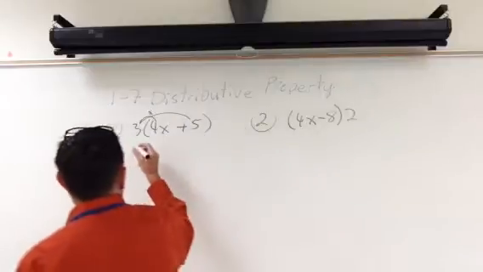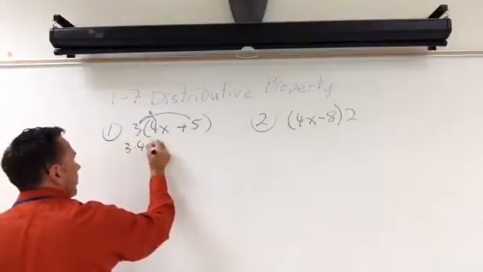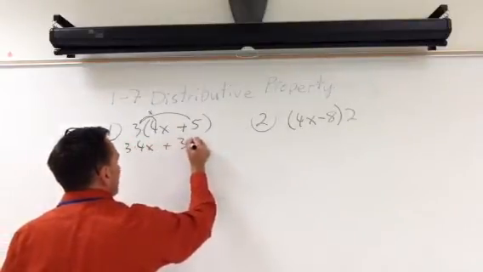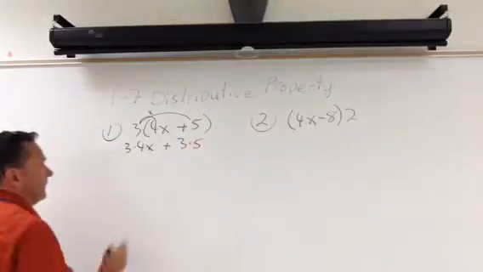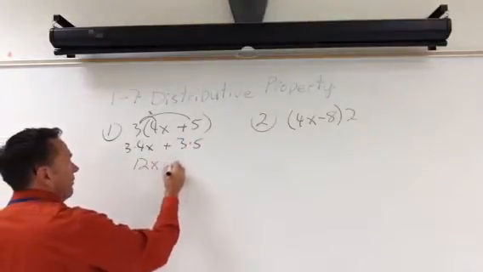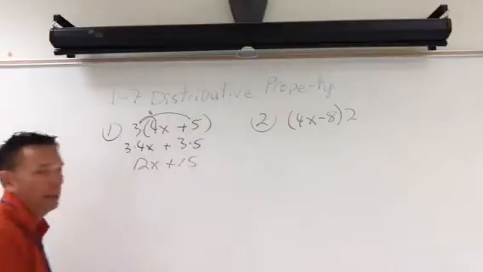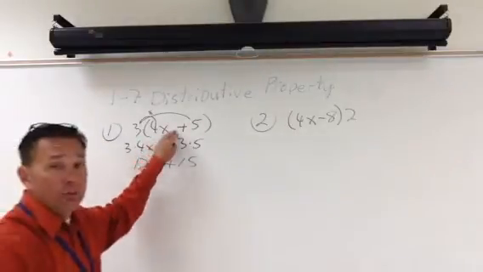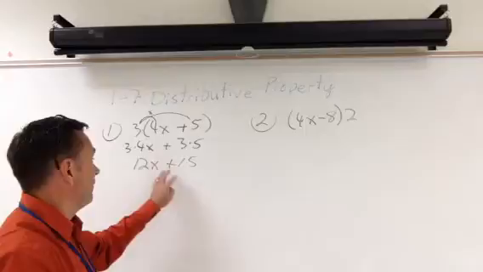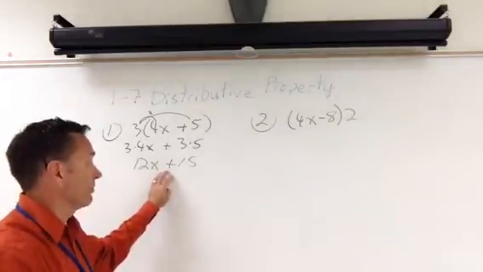So we can rewrite this as 3 times 4x plus 3 times 5, and we get 12x plus 15. If we start with two terms inside the parentheses, we should finish with two terms on the outside.